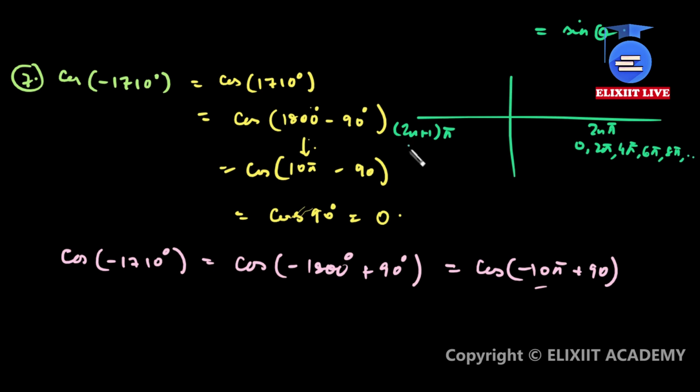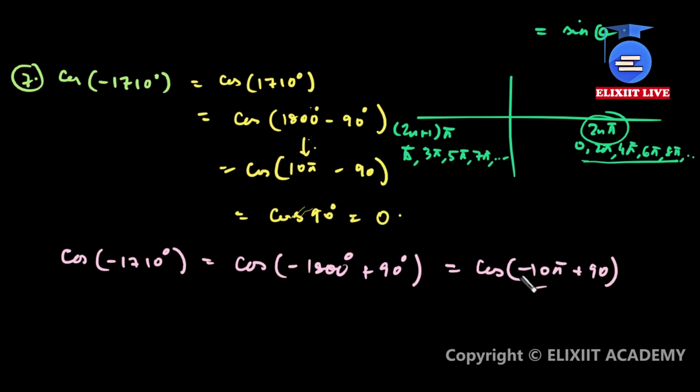And odd multiples, pi, 3 pi, 5 pi, 7 pi, will come over here. Negative even multiples will also come over here.